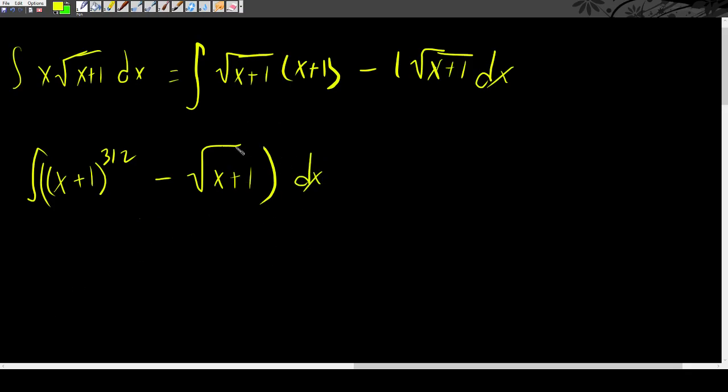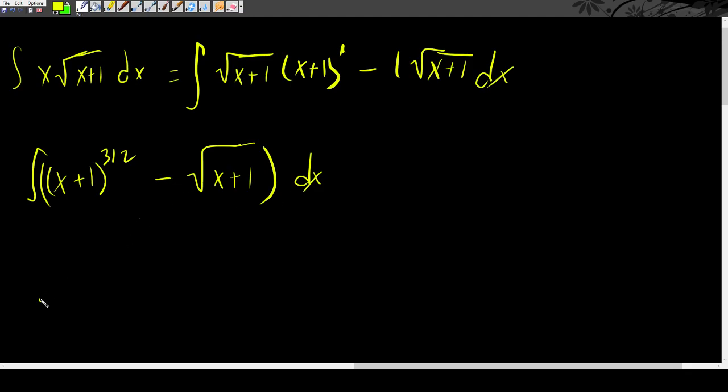All I did was distribute these. I set this square root as 1/2, so I did 1 plus 1/2 because these are the same base, and since you're multiplying, you can just add the exponents. 1 plus 1/2 gives you 3/2.